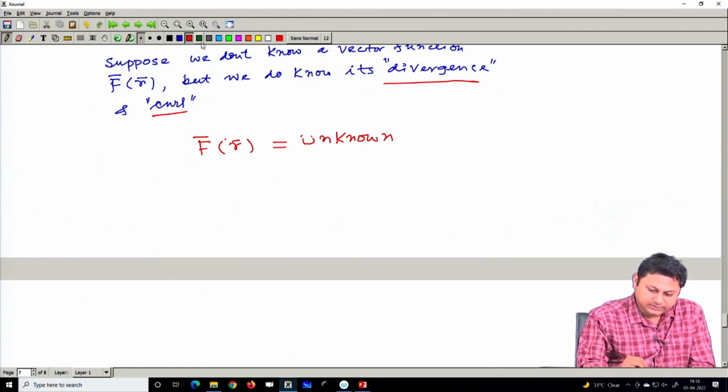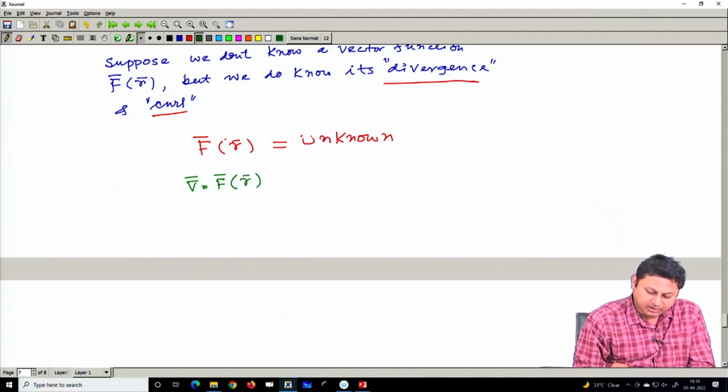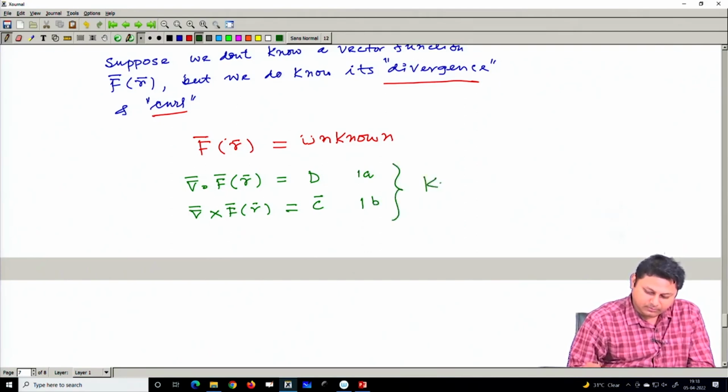But the divergence of this quantity, whatever the unknown function I have, the divergence value, say equation 1a, and the curl of that vector field is separately known, say equation 1b. These two are known.